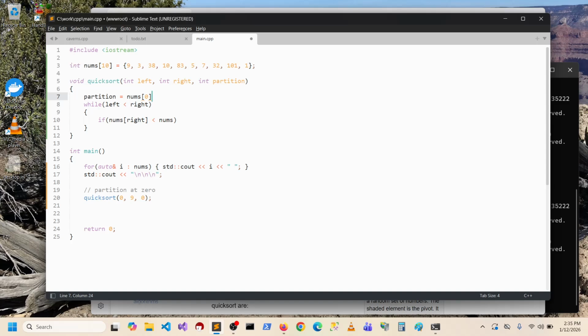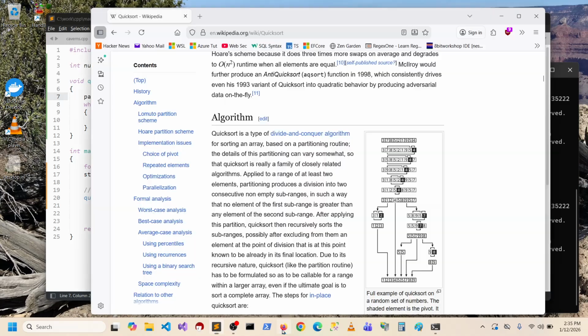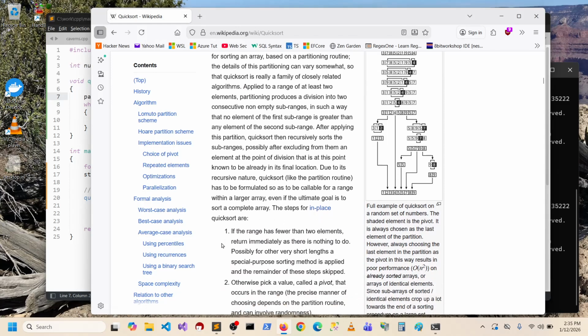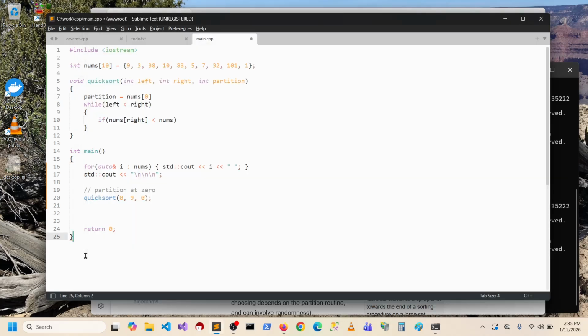Okay, I have too many questions, so I'm going to read the steps. Let's see. Says for in place. I think that's the one we want. Okay. We just view the two elements, return, blah blah. Okay, so that was what stops our recursion. So we got fewer than 2.